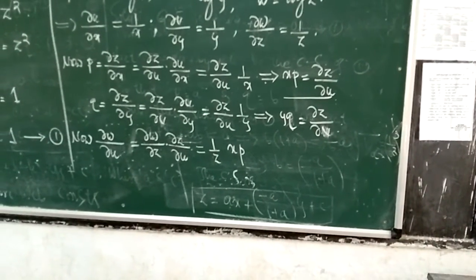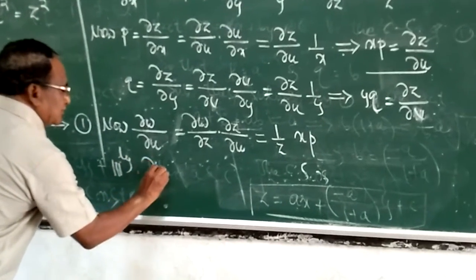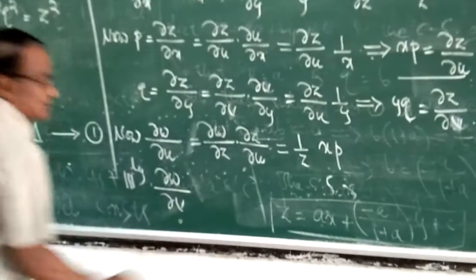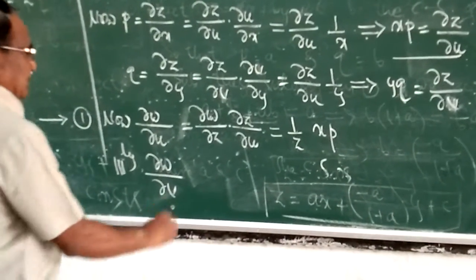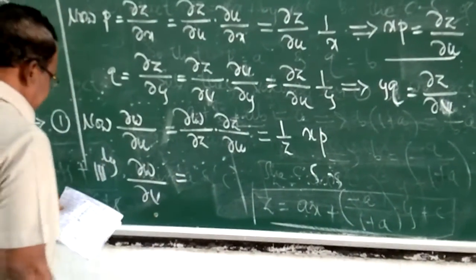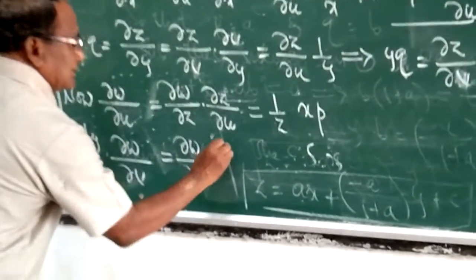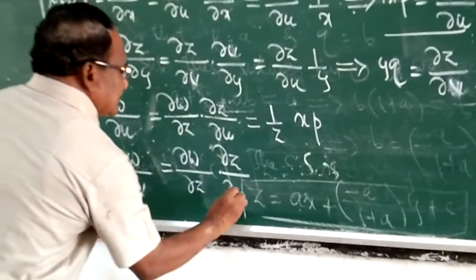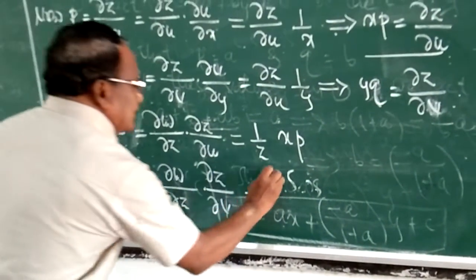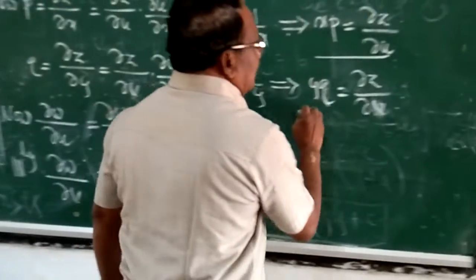Similarly, let us find what is dou w by dou v. This is equal to dou w by dou z into dou z by dou v. Dou w by dou z, as we learned, is 1 over z, and dou z by dou v is yq.